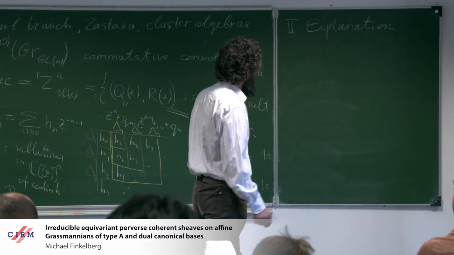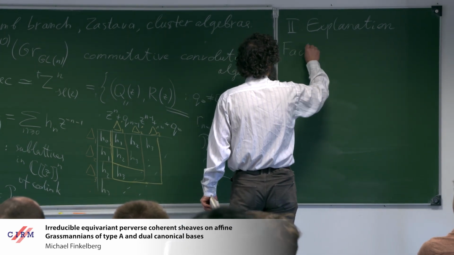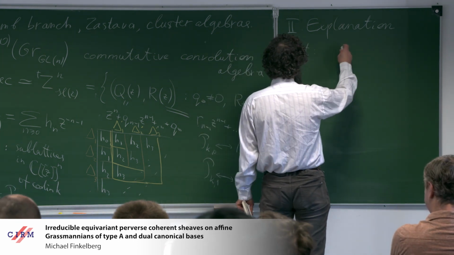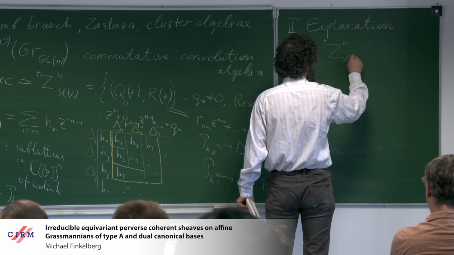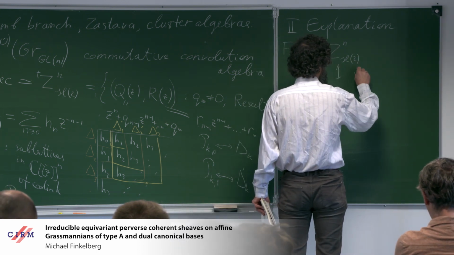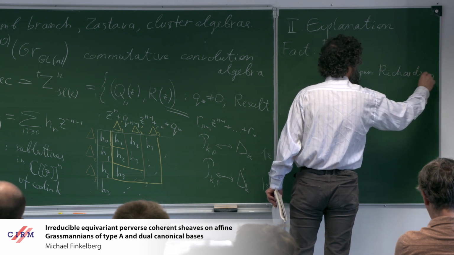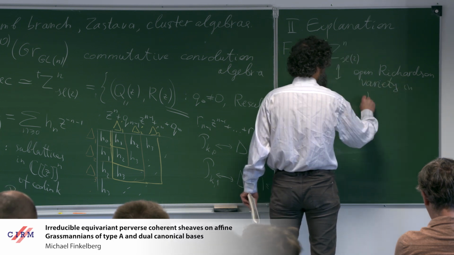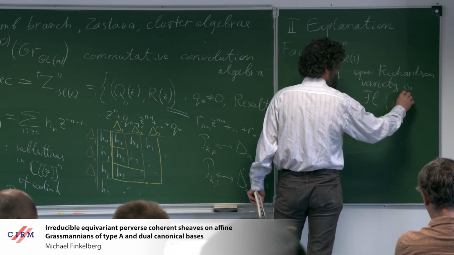Okay. So, there is the following fact: this Zastava space is isomorphic to a certain open Richardson variety in the affine flag variety of SL2, or SL2 hat.